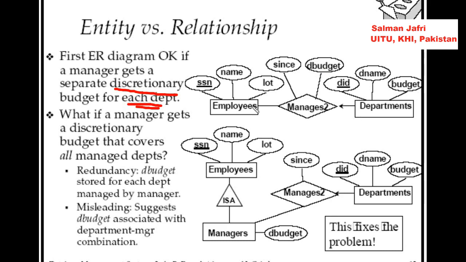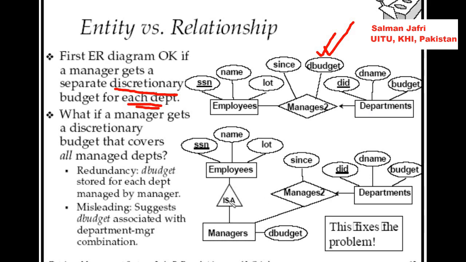But if the manager is getting a single budget to be divided amongst the departments, this department budget field would be repeated and it would be redundant, causing problems in the manager's relationship. So if it is the case that the manager is getting a single budget for all the different departments, it can be done something like that.